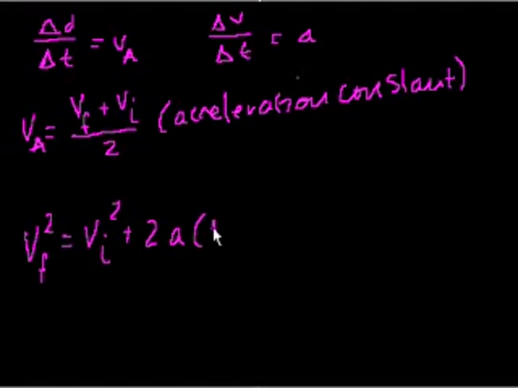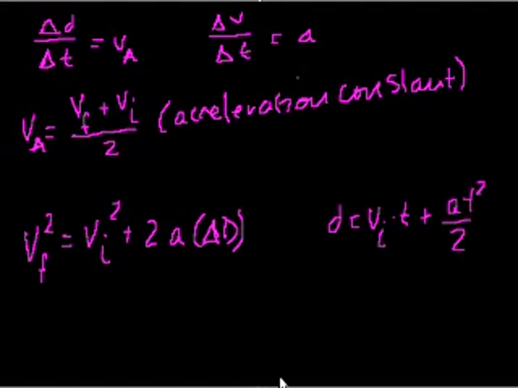I'm going to write the change in distance because that sometimes matters when we're dealing with direction, but you'll sometimes see this written as just distance. I think I did this equation in the third video as well. But we also learned that distance is equal to the initial velocity times time plus at squared over 2.